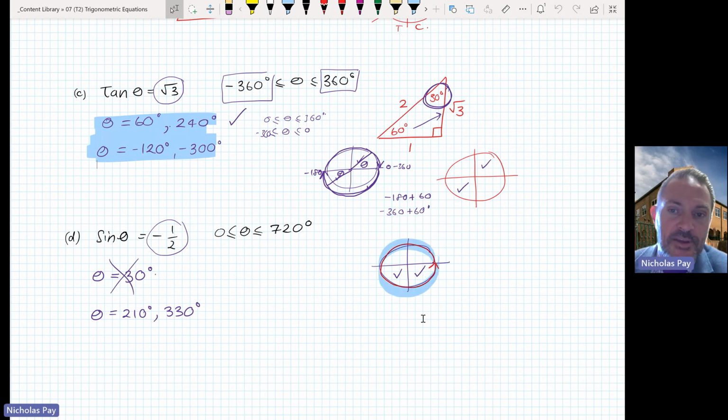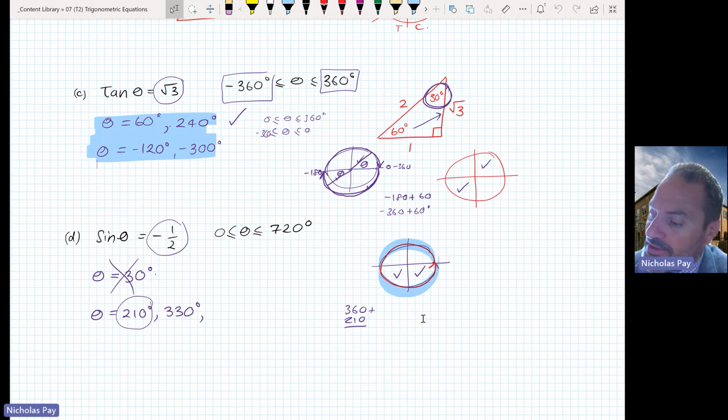It's still going to be negative in those bottom two quadrants, but if I think about my first angle, if I go around a second time, it's basically like adding in another 360 degrees to that number. Which basically means if I add 360 to 210, we're going to get 570 degrees.